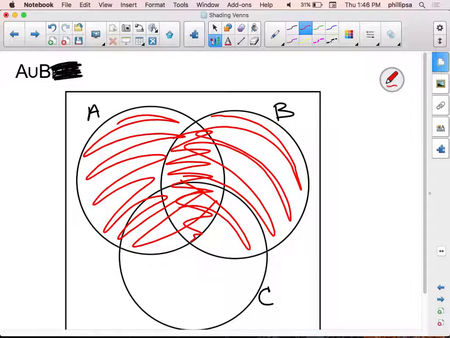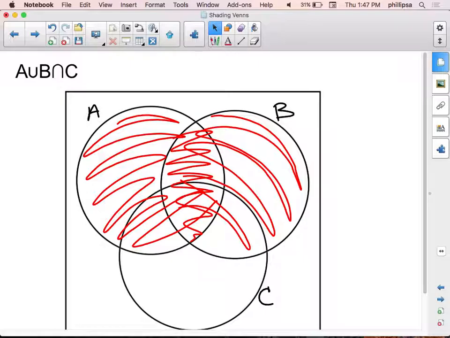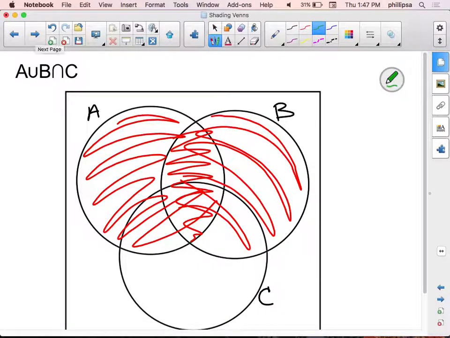Okay. You're good. Most of it is already done, and you just got to bring in one more piece. Because now I'm going to tell you, it is that, but now I would like to intersect it with C. Okay, now let's take a moment to realize what we always did with our doubles. We shaded one set, and then we shaded the other set, and then we figured out what to do.